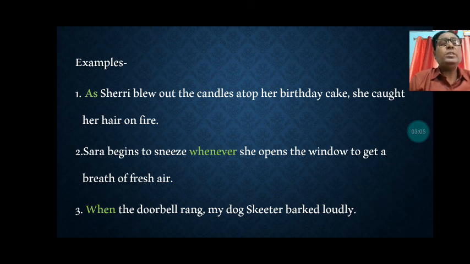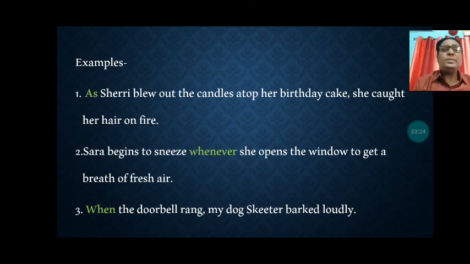So this is the independent clause on which the subordinate clause depends to complete its meaning. These two clauses are joined by the conjunction as, which is highlighted in the sentence.